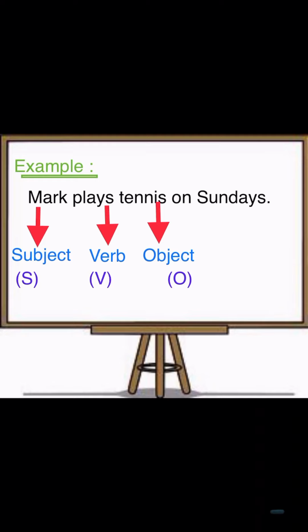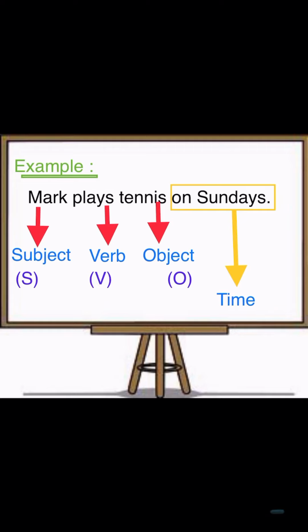So this is the natural order of any sentence in English. Subject, verb, object, SVO. About the words on Sundays, it's not a verb, it's not a subject, it's not an object.